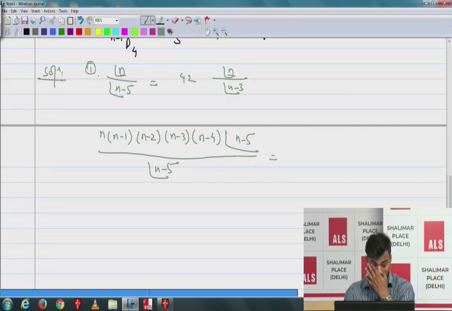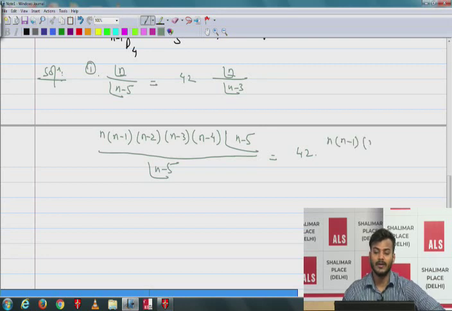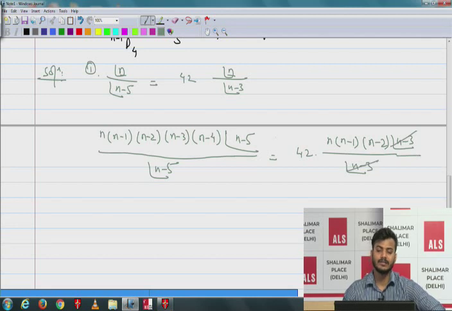Equals, on the right side we have 42 times n, n minus 1, n minus 2, and then again n minus 3. You should not write n minus 3 completely because (n minus 3) factorial is in the denominator as well, so they will get cancelled. Similarly, (n minus 5) factorial gets cancelled.